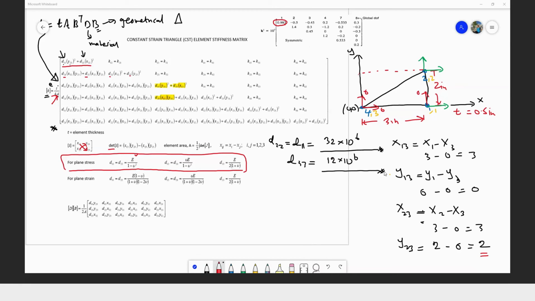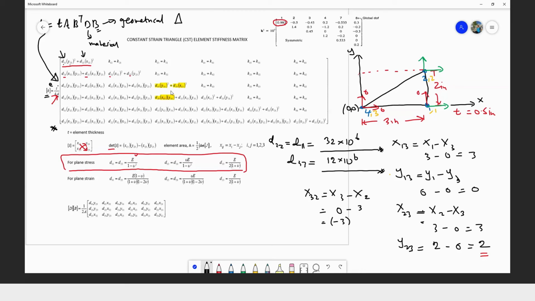So we calculate x32, which is equal to x3 minus x2. x3 is equal to 0, because this point here we take as the origin. Then x for point number 2 is 3. So x32 is equal to negative 3.